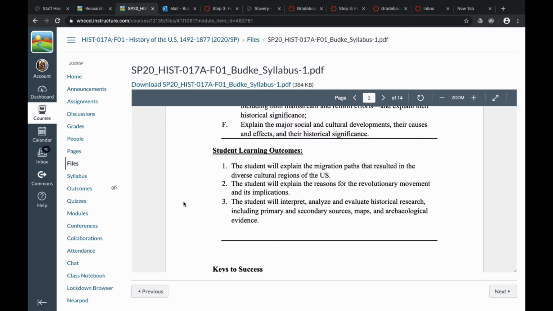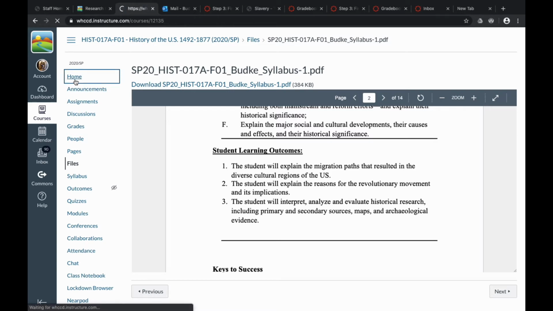Whereas a historian writing about those events years later, in our textbook, for example, or in these articles or chapters that we're reading for our research paper, those are secondary sources, created by historians years later. So this is why it's important that we have this research paper, because it helps us demonstrate competency in student learning outcome number 3. That's why we're doing the research paper.